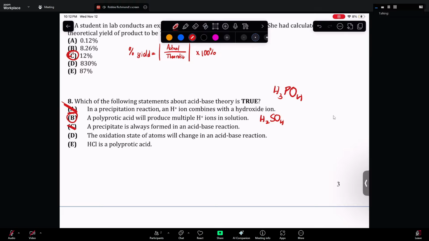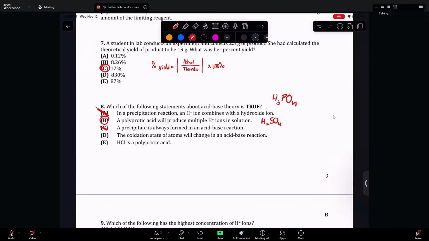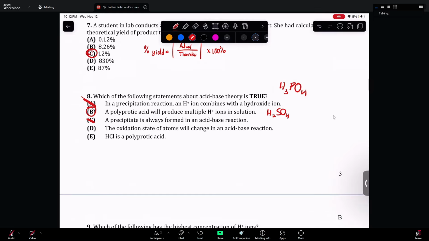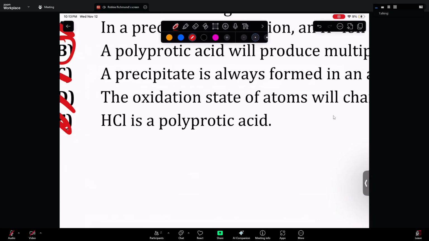Sometimes a precipitate can be formed in an acid-base reaction. That is used pretty commonly as you're isolating some solutions in organic chemistry lab if you have to take that in the future. D, the oxidation state of atoms will change in an acid-base reaction. Nope, not true. And HCl is a polyprotic acid? No, that is a monoprotic acid because there's only one hydrogen that can be donated.